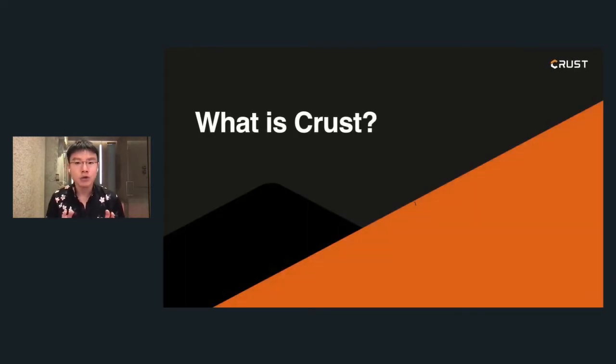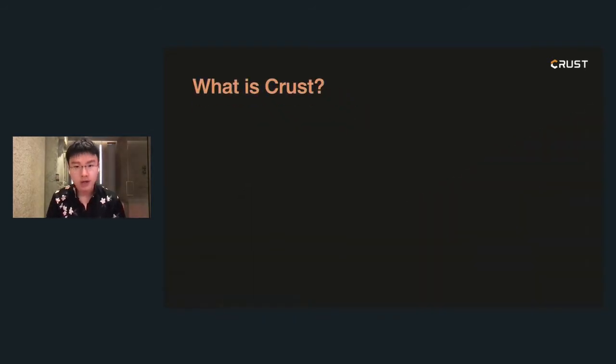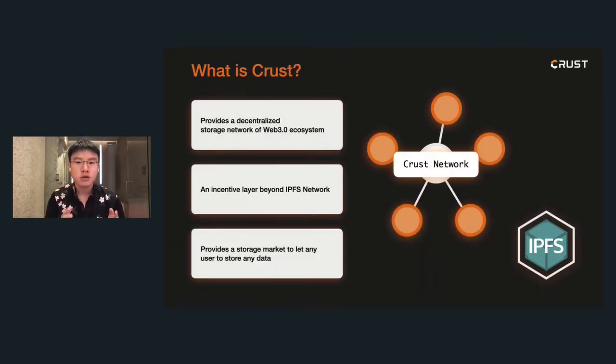First, I want to give you a high-level overview of Crust Network. Generally speaking, Crust provides a decentralized storage network for the Web3 ecosystem, and its protocol stack is an incentive layer on top of the IPFS network.